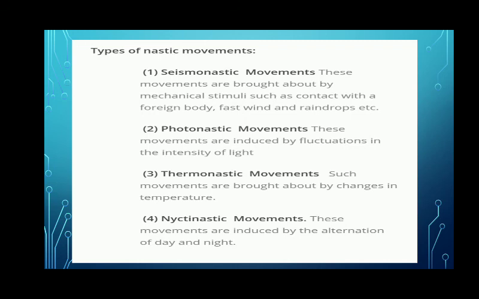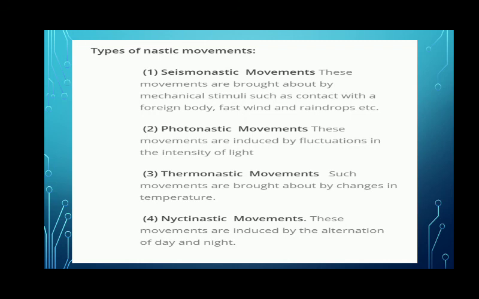Third is thermonastic movement. These movements are brought by changes in temperature. This means there is another movement which is brought about by change in temperature, and that is known as thermonastic movement.